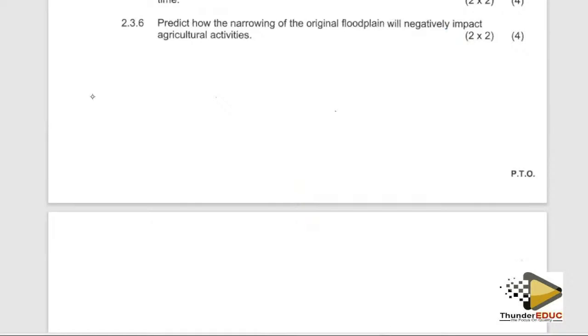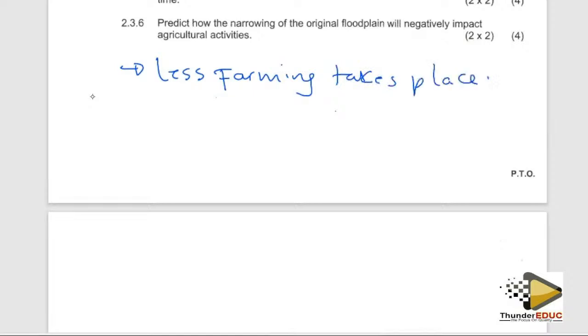predict how the narrowing of the original floodplain will negatively impact agriculture activities. Okay, I would say if the floodplain becomes narrow, that means less farming takes place.